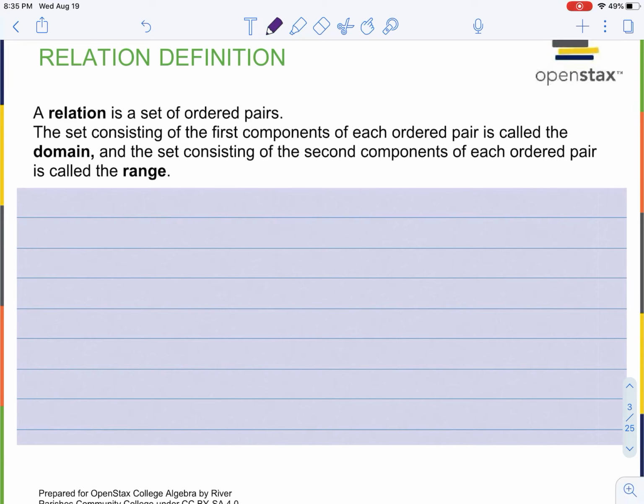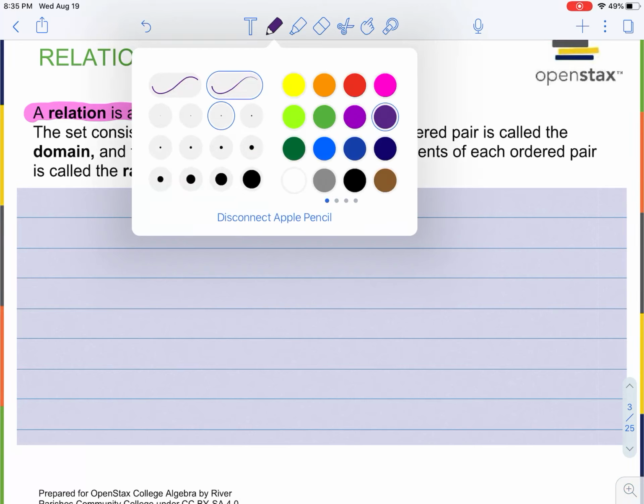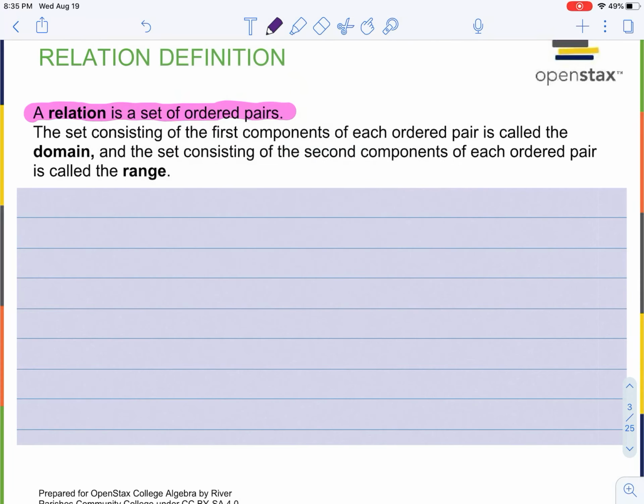So, let's start with some vocabulary. A relation is a set of ordered pairs. So when we think of ordered pairs, think of something like this.